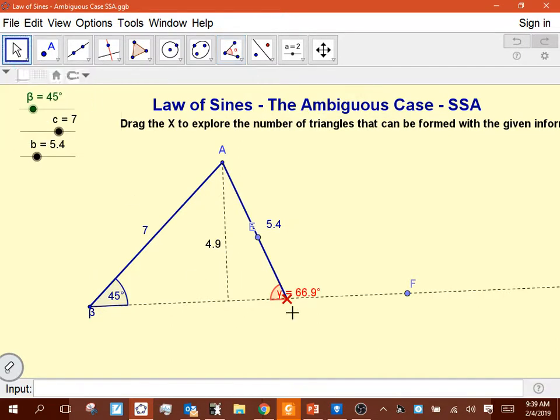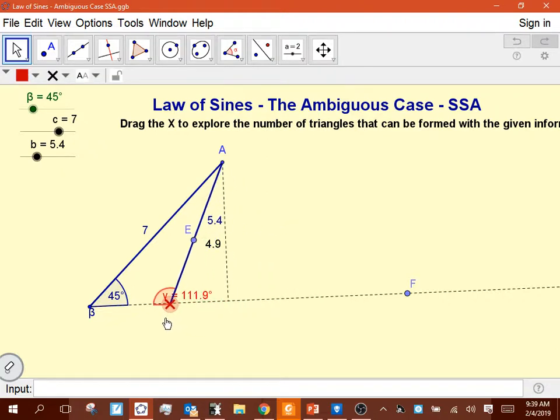The second angle for the second triangle is going to be maybe that one there. 66.9 and 113.1. How do those relate to one another? They add up to 180. They're supplementary, right? Okay? So that is how we check to see whether we're going to have two solutions.